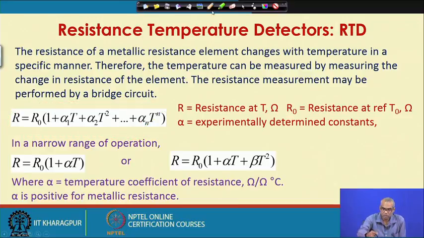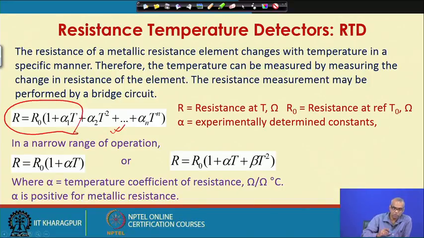Now, if I apply this equation in a narrow range, I can retain only the terms which are first order in T and neglect all second order and higher order terms.